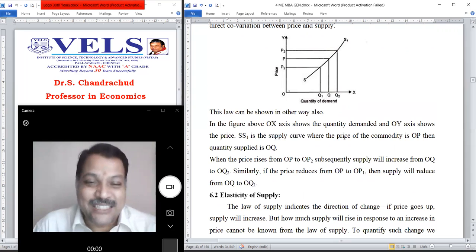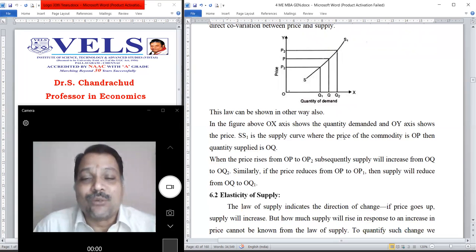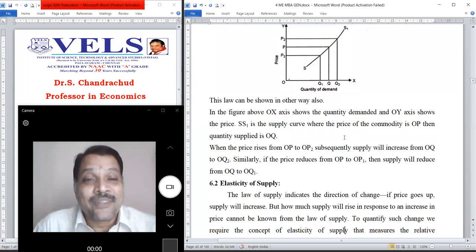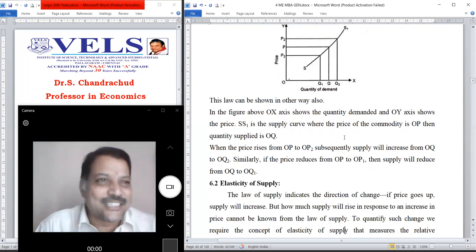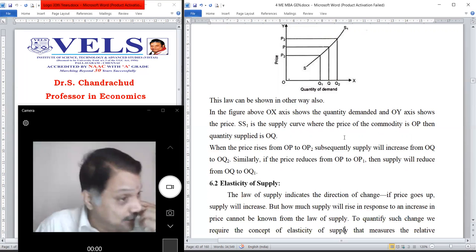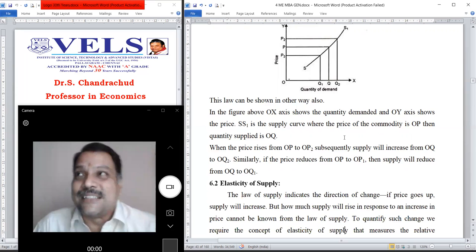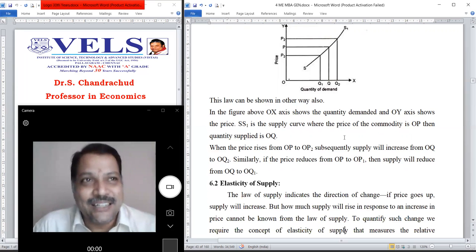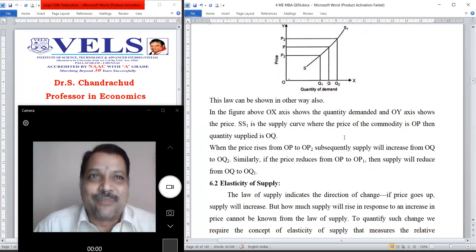Similarly, if the price reduces from OP to OP1, you can see it on the vertical axis, then the supply will reduce from OQ to OQ1. So this is the way. It is just the opposite of the law of demand. In the law of demand, when price increases, demand decreases, and vice versa. Here it is a reverse: when price increases, supply also increases, and vice versa.